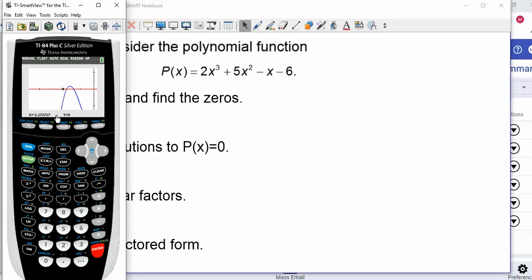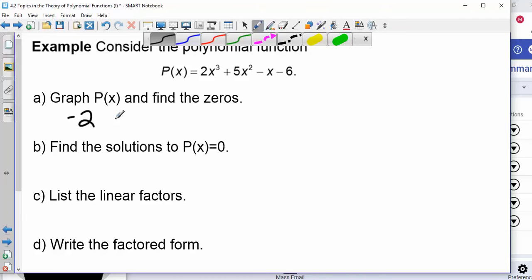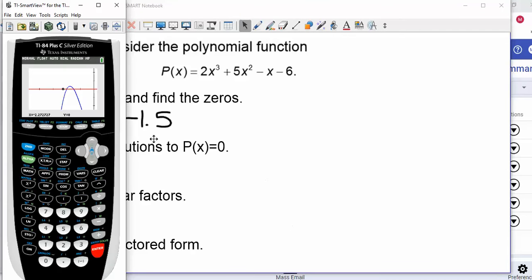We're going to talk about how to do this without just graphing it, because when we just looked at that original graph, it was very misleading. And you have to be very cautious of that. So this just goes to show why you can't always trust your graphing calculator, because based on your window, it might look one way when it's really another. These are 2 separate zeros. So it's negative 2, negative 1.5.